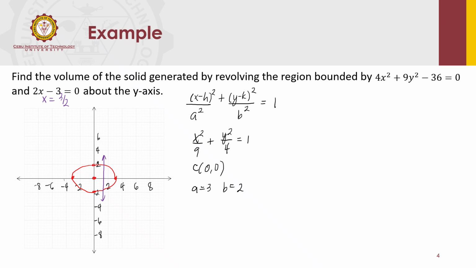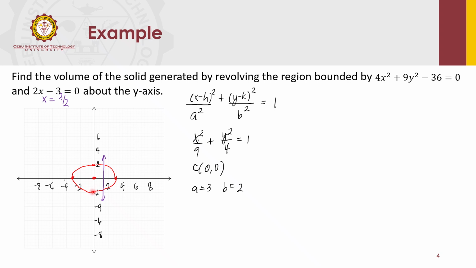So actually there are two areas, but we're going to analyze one. You're going to rotate it about the y-axis. So it must mean this area, and not this area, since this is already touching the axis of rotation.